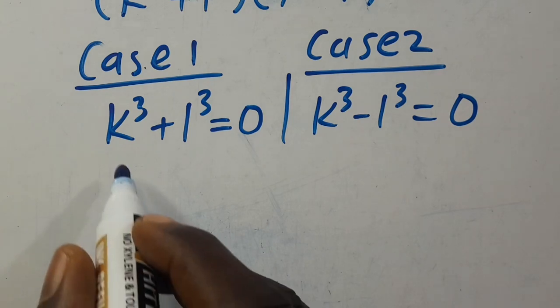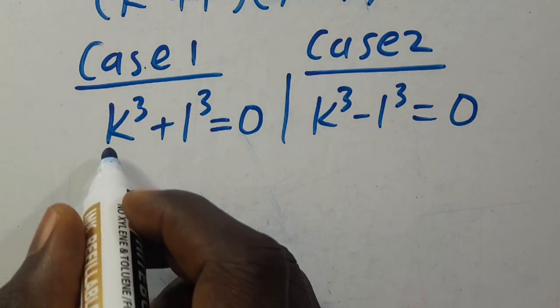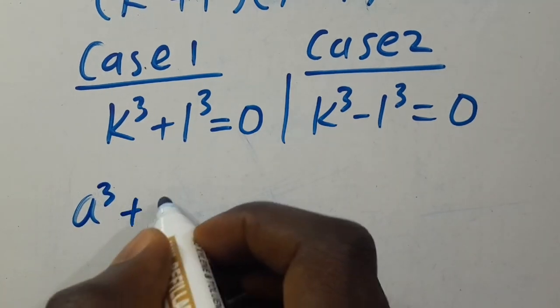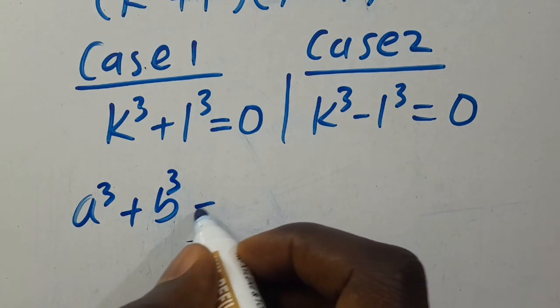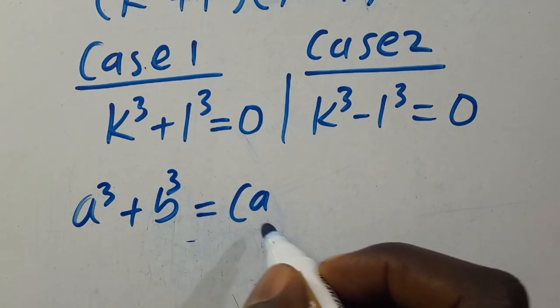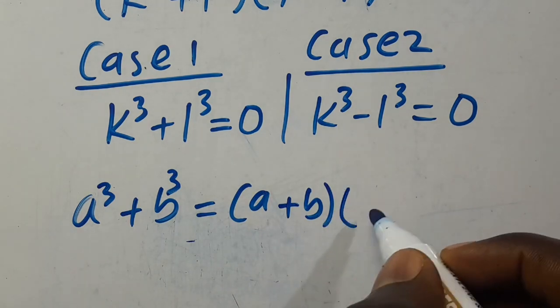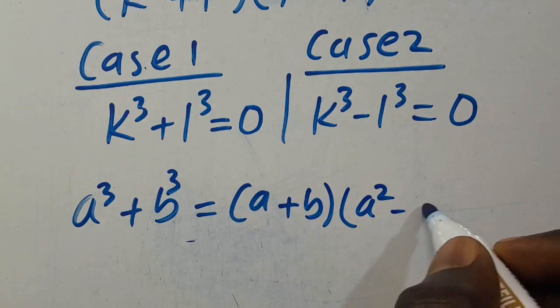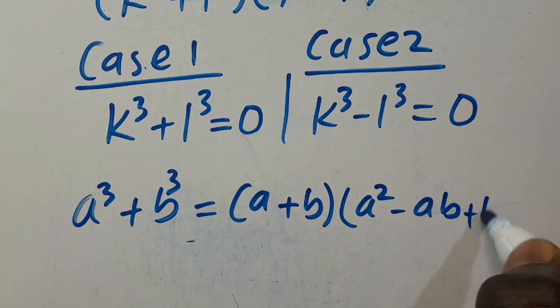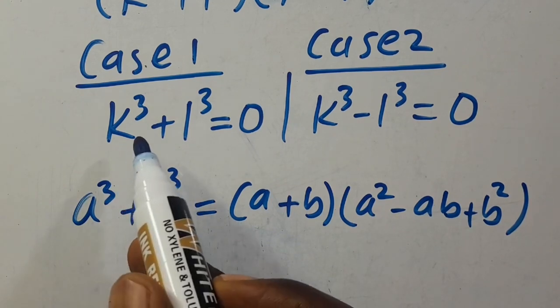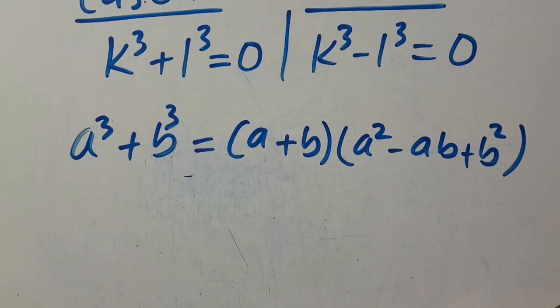Then let us recall that the sum of two cubes, a to the power of 3 plus b to the power of 3, always equals a plus b, multiplied by a square minus ab plus b square. So applying it here, we are dealing with case 1.